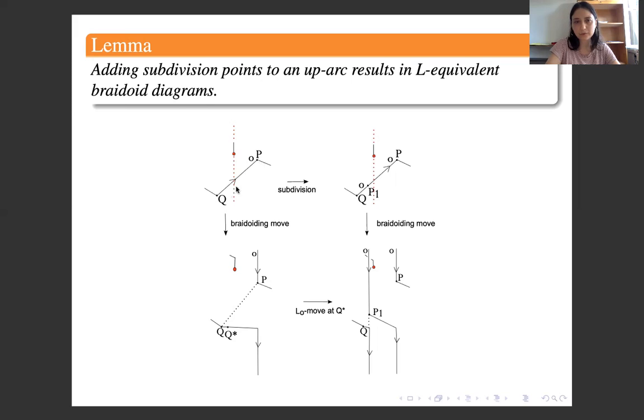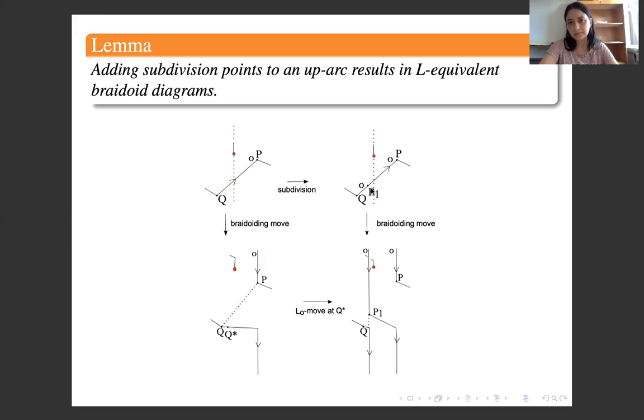So here is again a portion of a knotoid diagram, which is an up arc, and it is labeled by O. And here, to make our life more difficult, an endpoint of the knotoid diagram lies here, and the vertical line passing through it intersects the up arc. I first apply the braidoiding move by choosing the cut point at the point P here. So I obtain this pair of braidoid strands here.